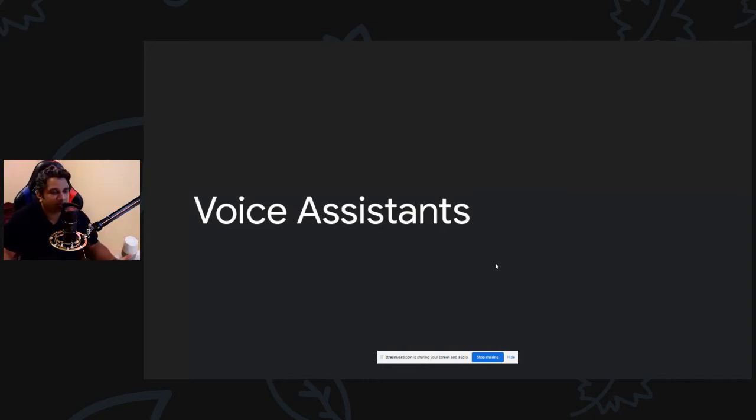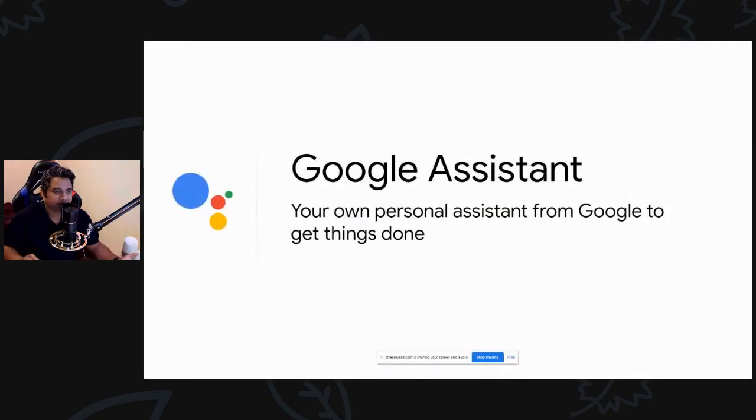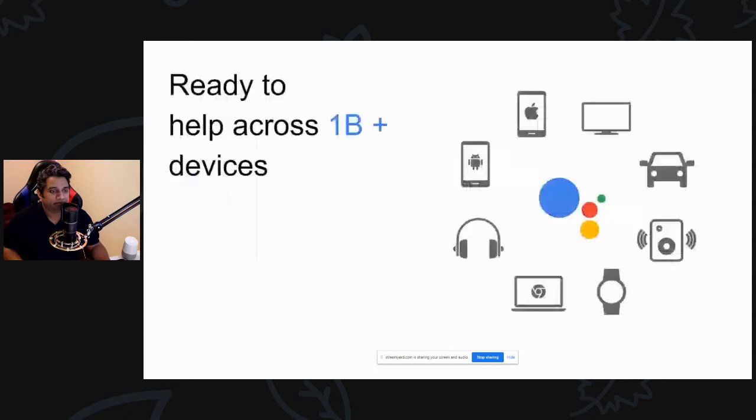The Google Assistant is actually available across all types of devices, so we'll get into that. So what is the Google Assistant? The Google Assistant is nothing but your own personal assistant from Google to get things done for you, and to get things done in the most helpful and useful manner.